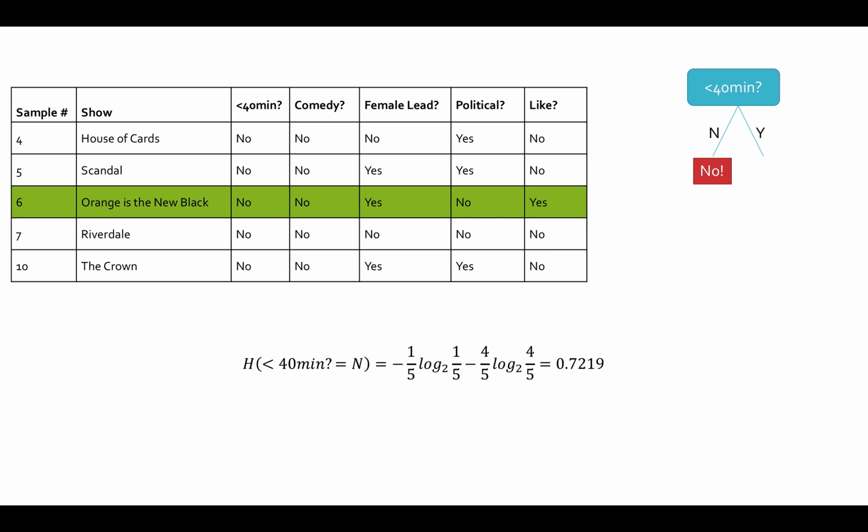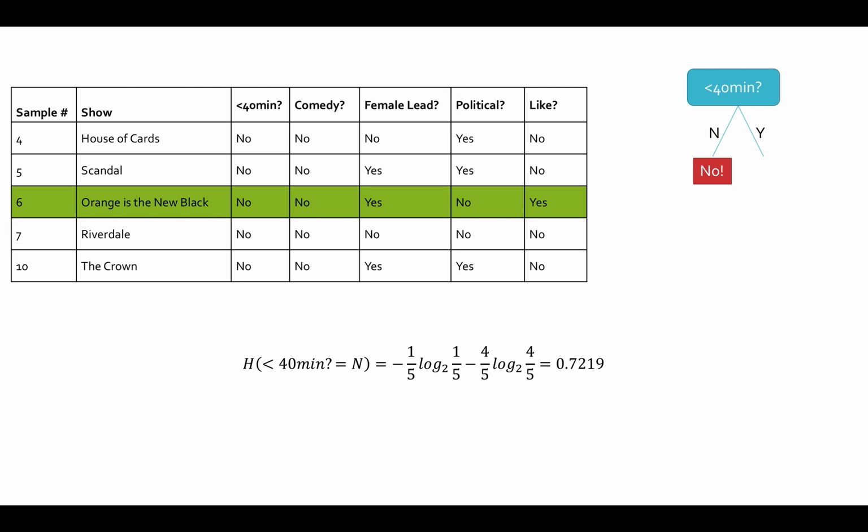So we'll get 4 out of 5 correct if we just say no. So the probability of no is 4 out of 5, and the probability of yes is 1 out of 5. That means our entropy on this side is going to be 0.72.